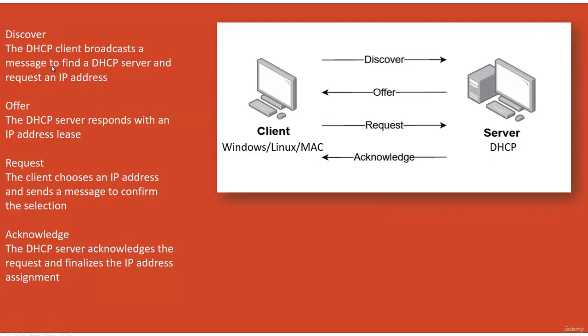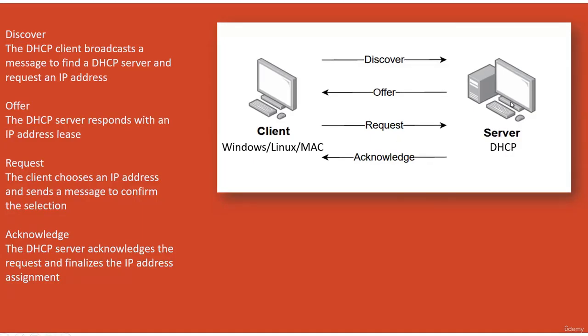The DHCP client broadcasts a message to find a DHCP server and request an IP address. So the DHCP client, where is it located? In your machine. It could be Windows, Linux, Mac, or your Android phone, or the Apple phone. Any device which needs an IP address will have the DHCP client. That is called the client DHCP.